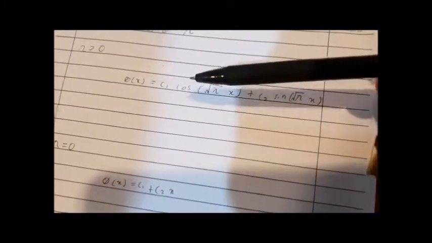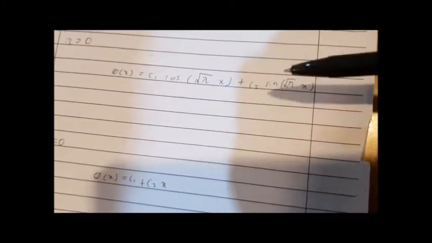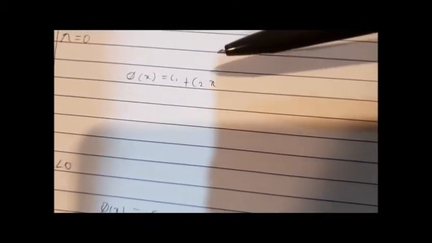The first one, if we assume that lambda is greater than 0, we will get this solution, which is phi of x equals c1 cosine of square root of lambda x plus c2 sine of square root of lambda x. Now second, if we assume lambda is equal to 0, we get a shorter solution, which is phi of x equals c1 plus c2 x.